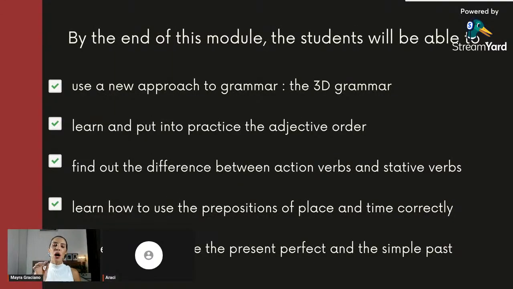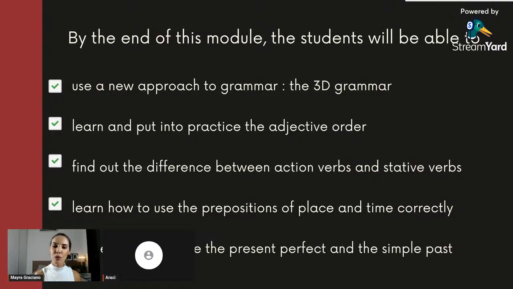So on this module here, as I told you at the beginning of the session, this is module 6 from Stand Out, my digital course. And I'm talking a little bit in this short lesson about the 3D grammar, the approach to grammar.